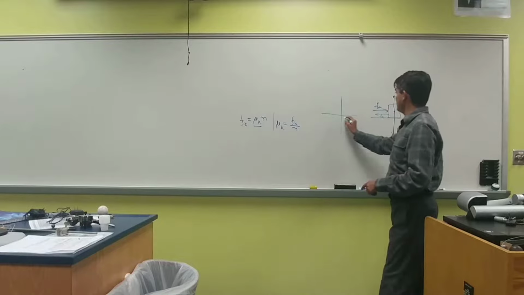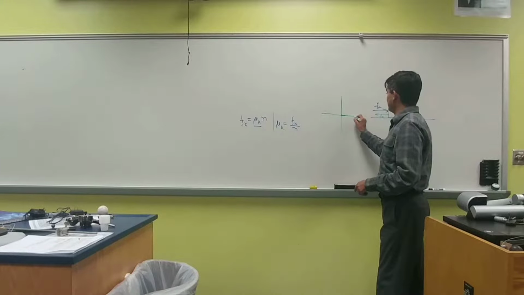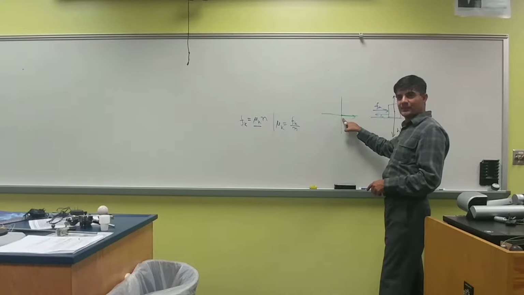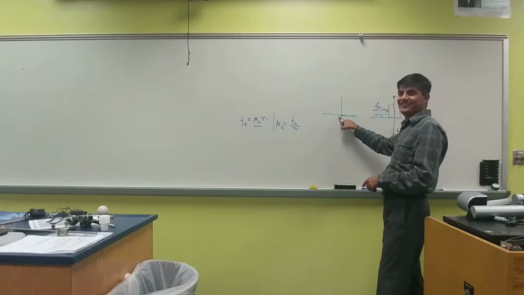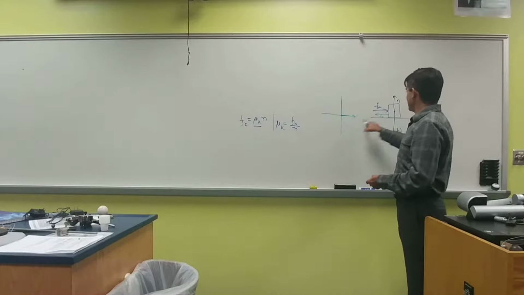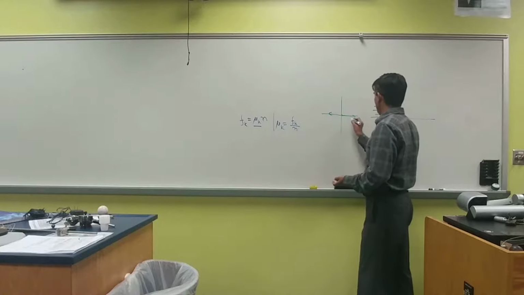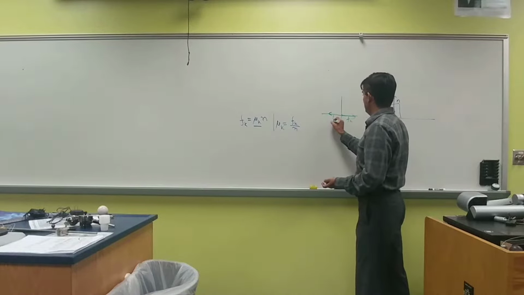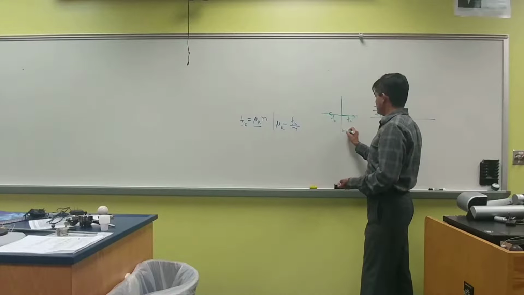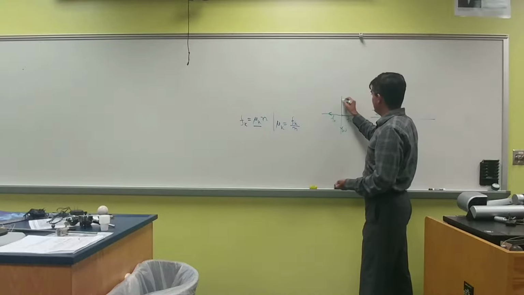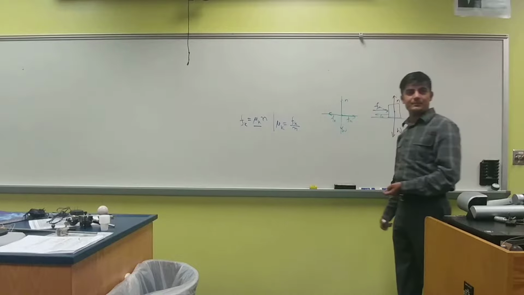Pushing means you have to start at the origin and draw it from here. You cannot draw it like this. So your F applied is this, F of K is this, W is this, N is this, right?